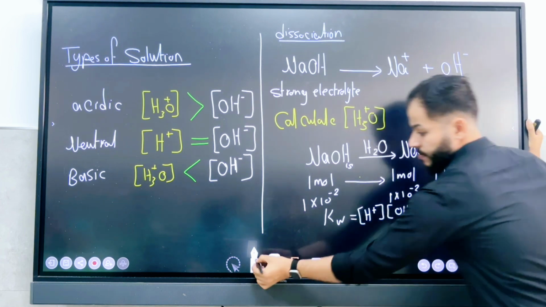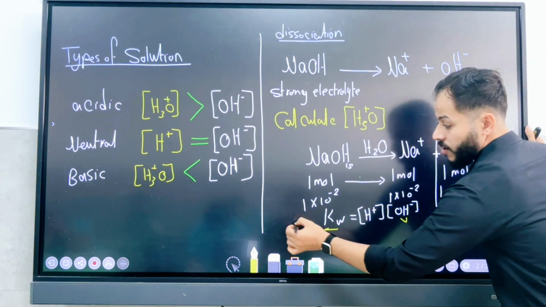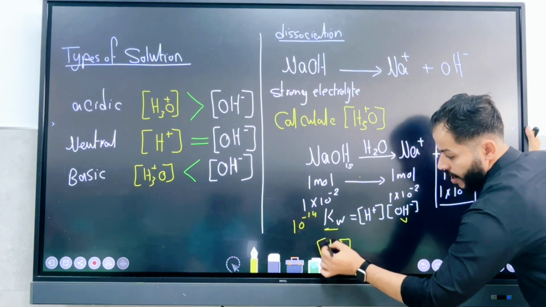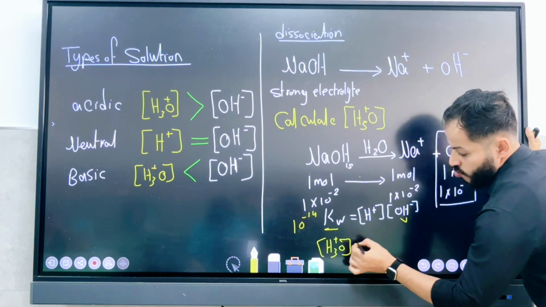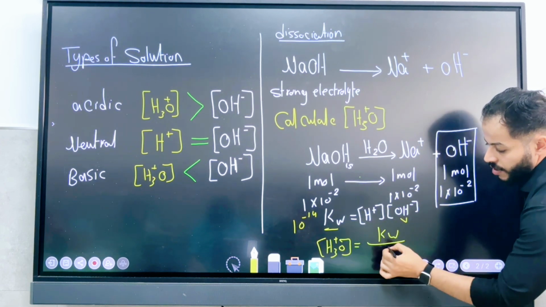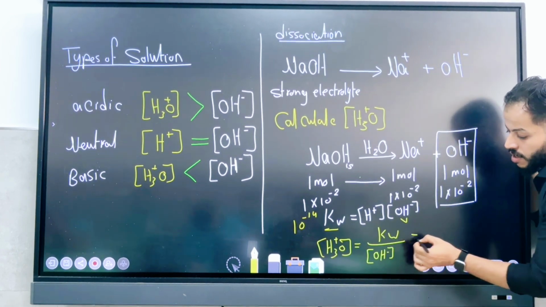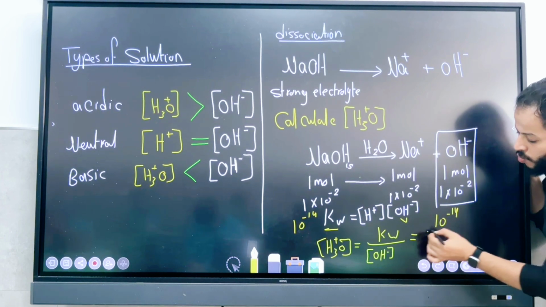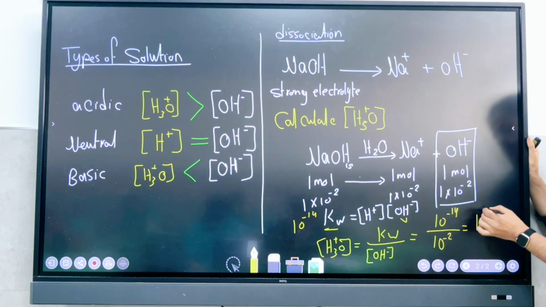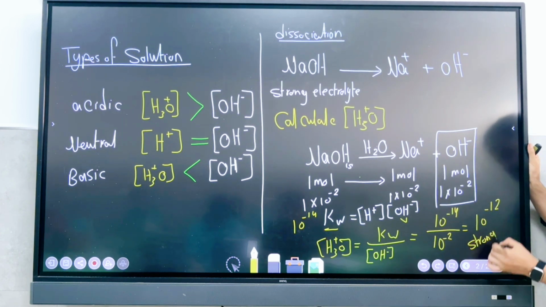So the concentration of hydronium ion is equal to Kw over the concentration of hydroxide that I got from the equation: 10 to the power negative 14 over 10 to the power negative 2, which is equal to 10 to the power negative 12, and this is considered a strong base.